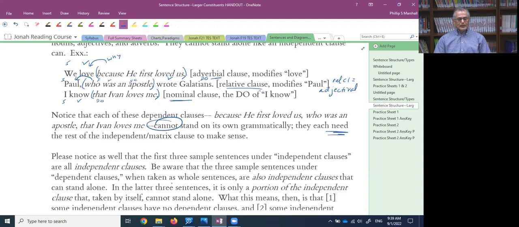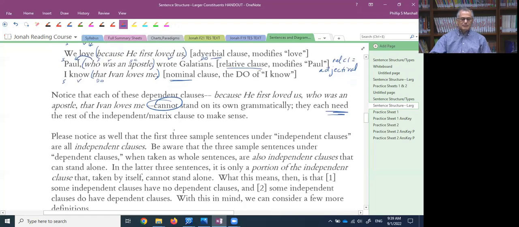All right. Now, I do have a comment here. Notice that the first three sample sentences that I've given under independent clauses are all independent clauses. But be aware that the three sample sentences under dependent clauses, when taken as whole sentences, are also independent clauses that can stand alone.